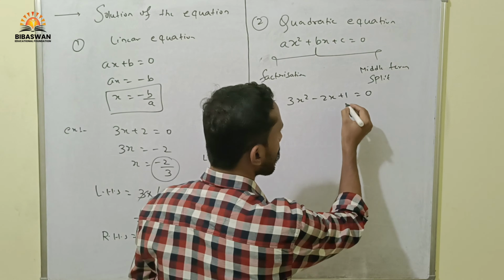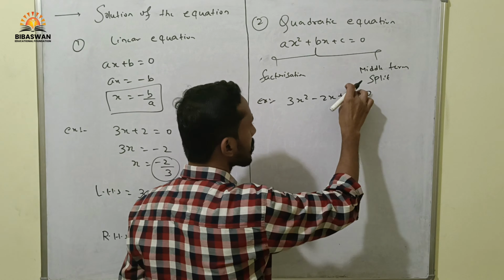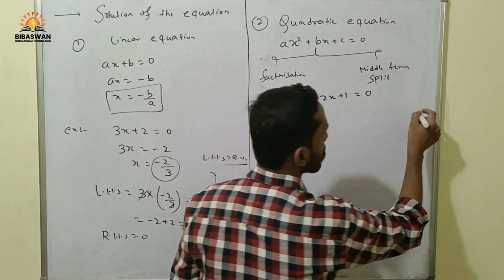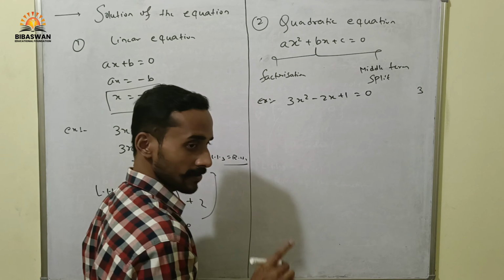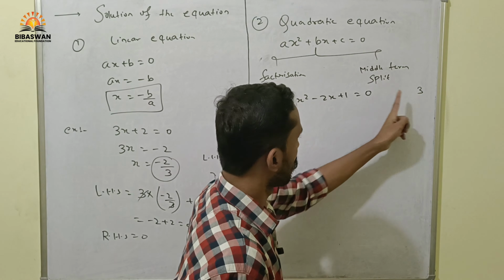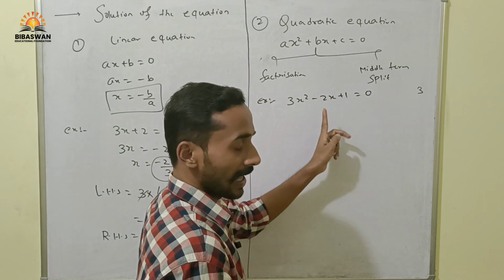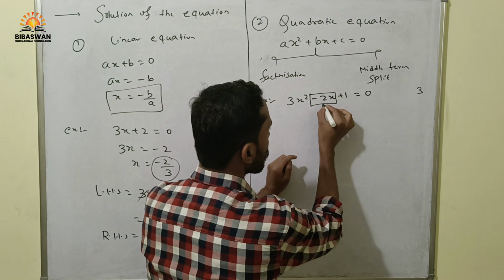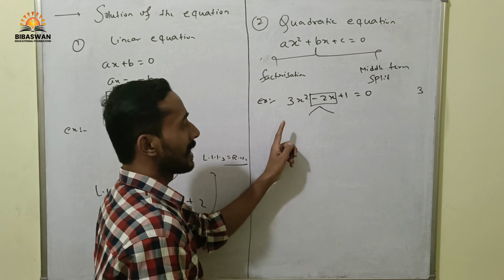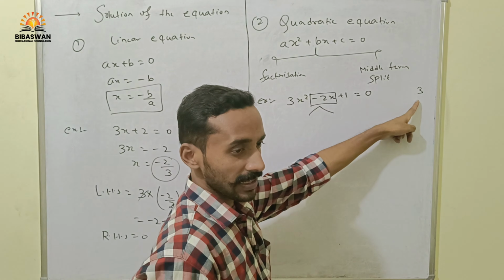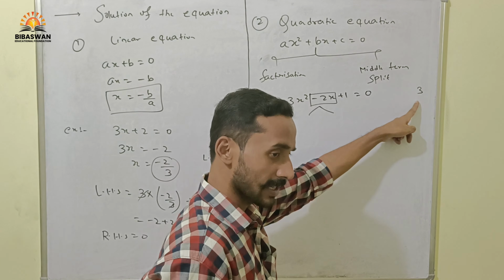What is the method? We have to multiply the constant term with the first term. Then it gives 1 multiply 3. What is the result? 3. Understood? Now we have to split the middle term into two terms, so that the sum is equal to minus 2x, but the product should be equal to 3.